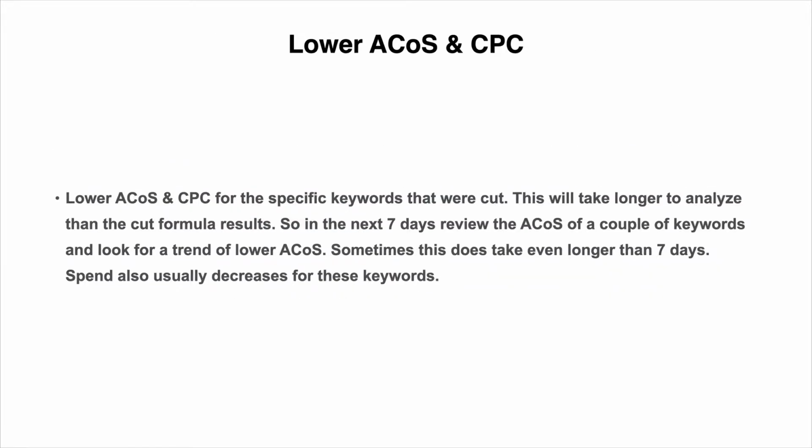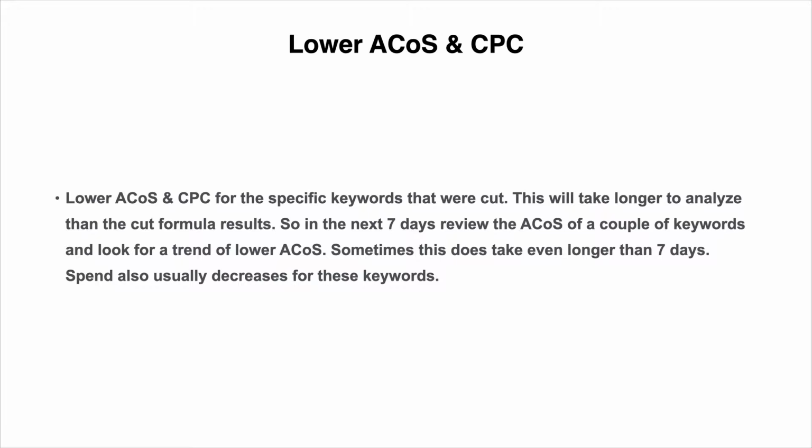So the goal really here is to lower the ACOS and cost per click. Sometimes the spend goes down, but sometimes it doesn't, which is not a bad thing as long as the ACOS goes down. So the goal here is to lower the ACOS and CPC for the specific keywords or ASINs or targets that were cut. This will take longer to analyze than the cut formula results.